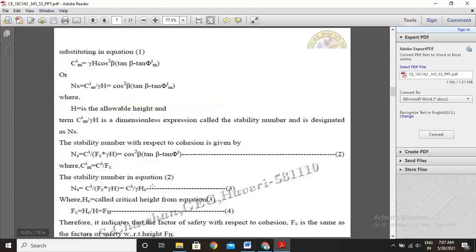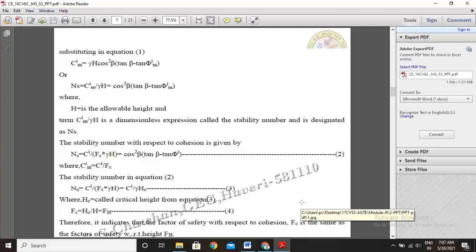Then the stability number in equation 2, while substituting, Ns equal to c dash by fc into gamma h, we are considering as c dash by gamma into hc. This is equation number 3, where hc is called the critical height.